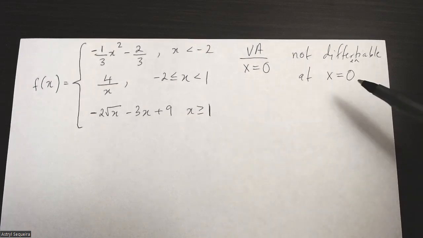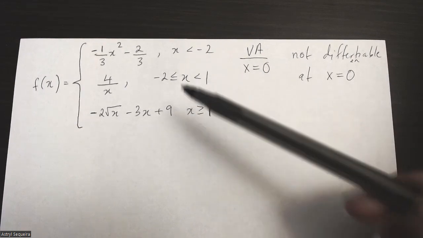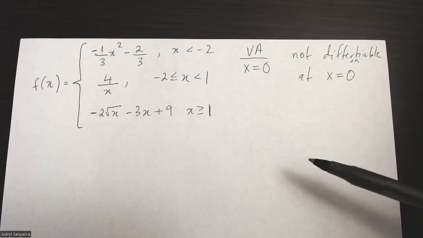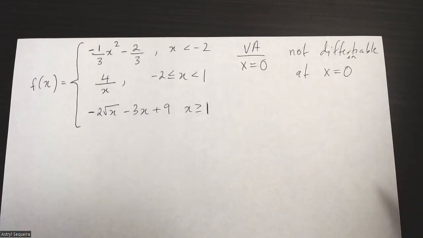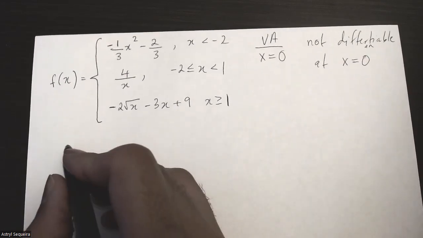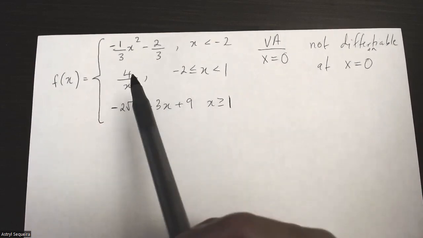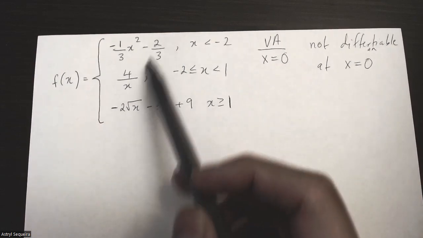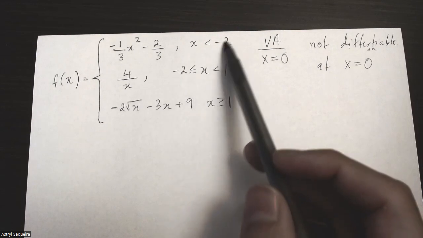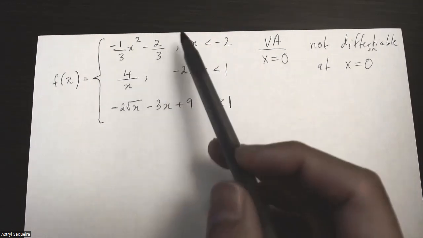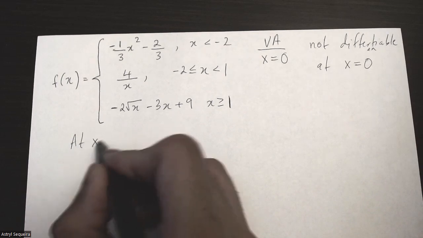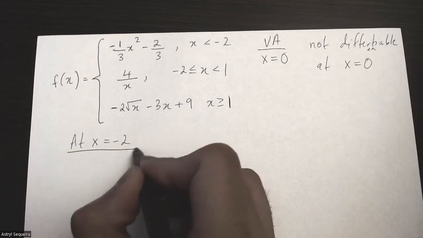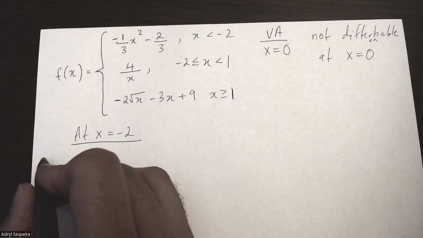So now that we've found non-differentiable locations for each individual function, we want to start by seeing the continuity of the function. I want to first test whether my function is continuous at x equals -2, which is the link between the first two functions. So let me test the left-sided and right-sided limit.